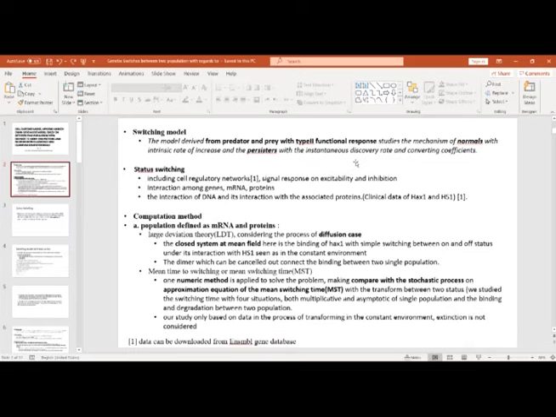The computation method we use for the first model is based mainly on two concepts. First is the diffusion case with the LDT, and the second is the mean time to switching. Let's see how we use it here.